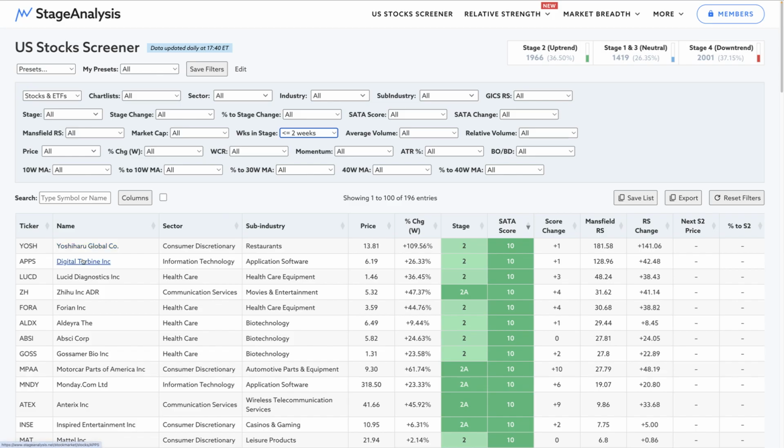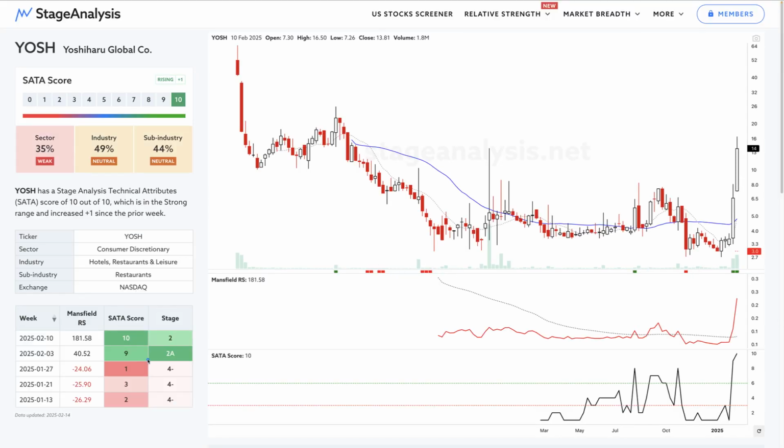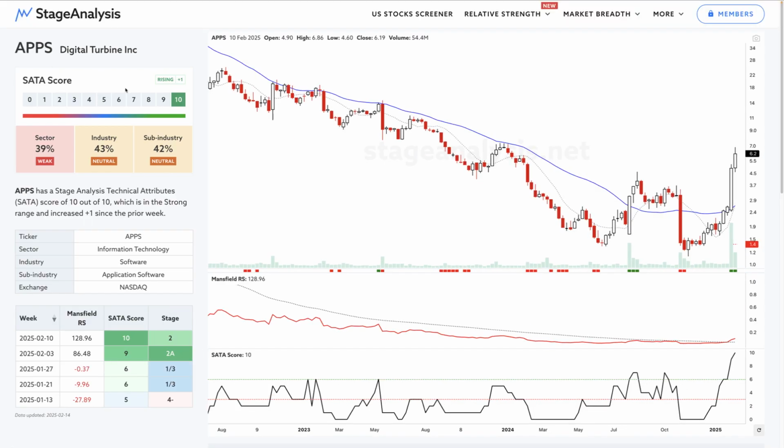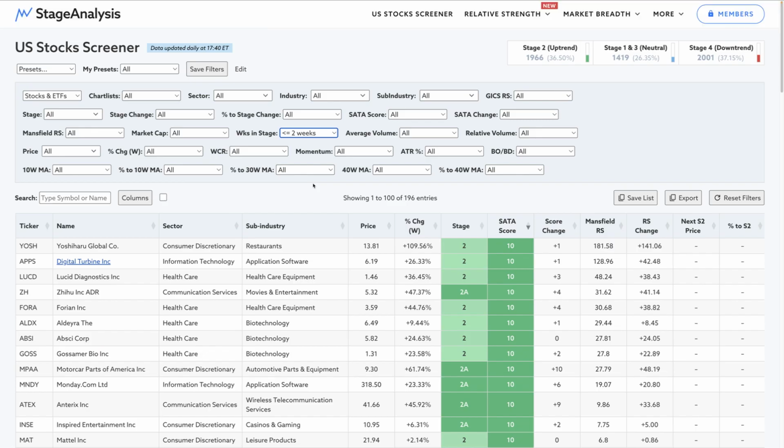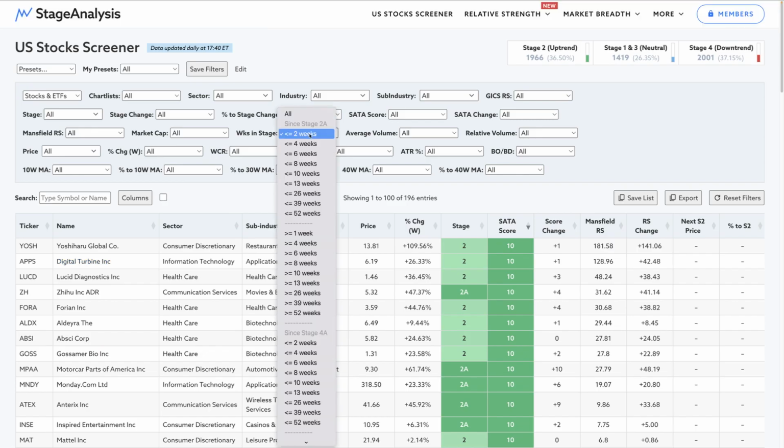So we'll click on a couple of these, you'll see a couple of weeks in stage 2 here. It's in the second week, and this one again, second week since it broke out into stage 2. So a really easy way to find new moves into stage 2. As well as that, you can do a greater than or equal to, you can go all the way up to quarterly, half a year, 6 months, 3/4 or less than a year in stage 2.